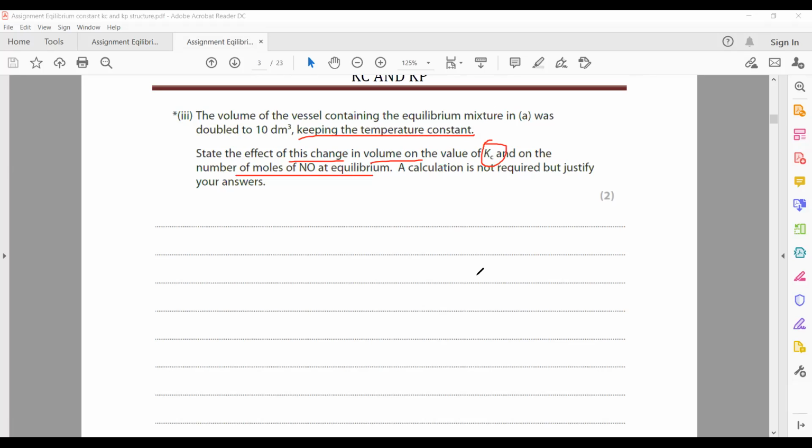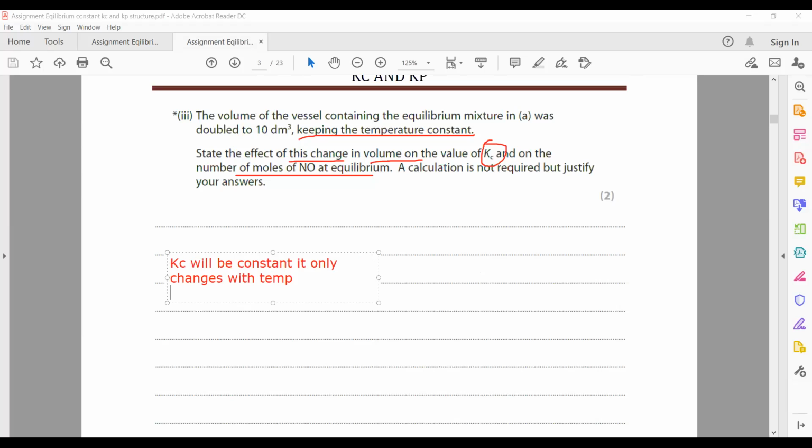So the value of Kc will be constant, or the same, because it only changes with temperature.